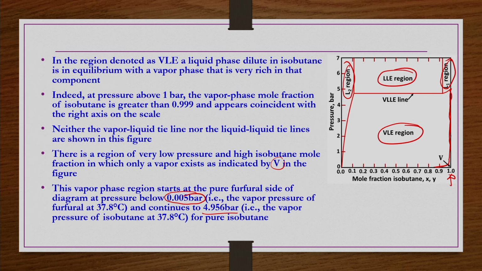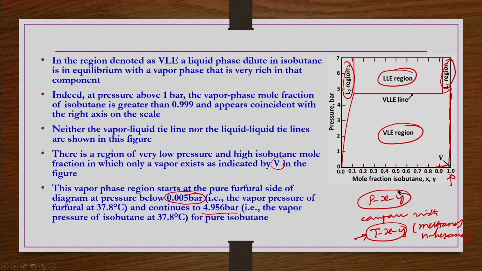Now, if you compare this PXY diagram with the TXY diagram of the methanol n-hexane system, we have already seen in the previous lecture that there was a minimum boiling azeotropic mixture at the given conditions.